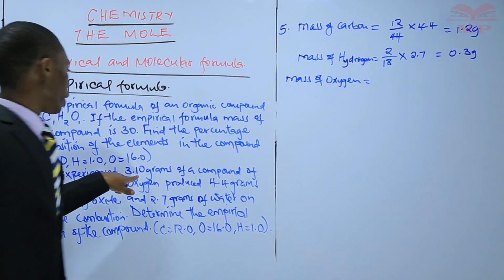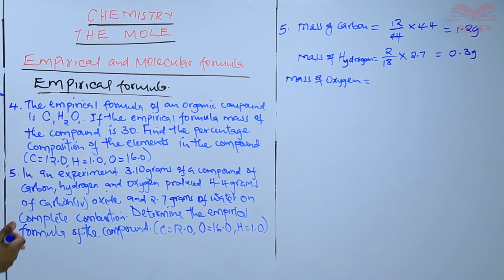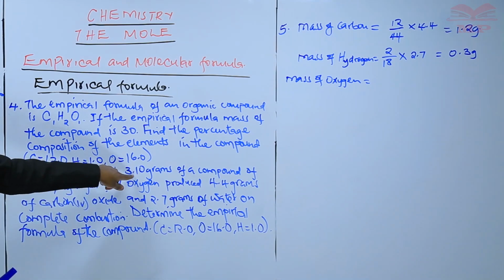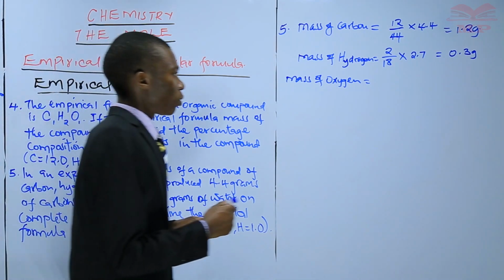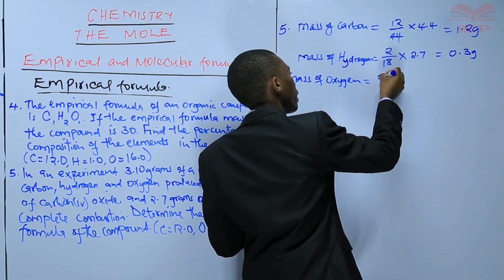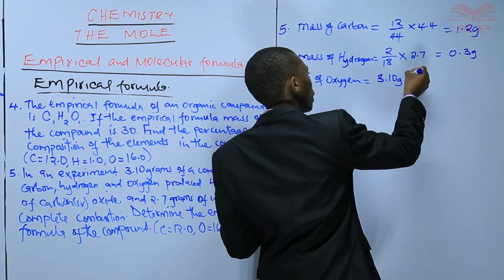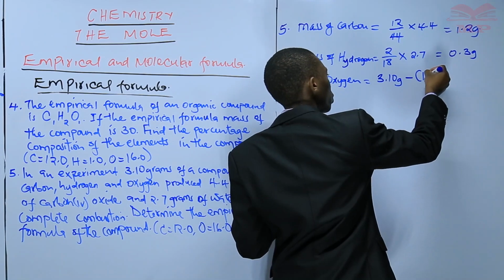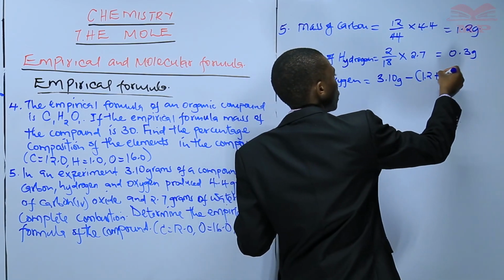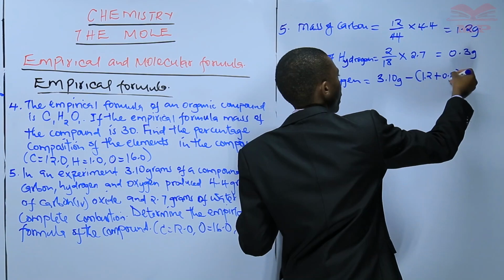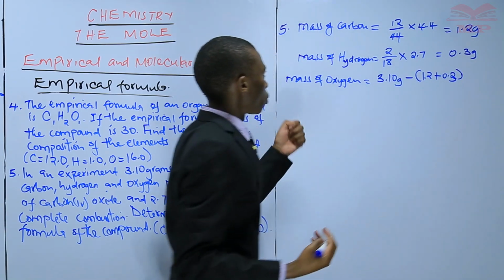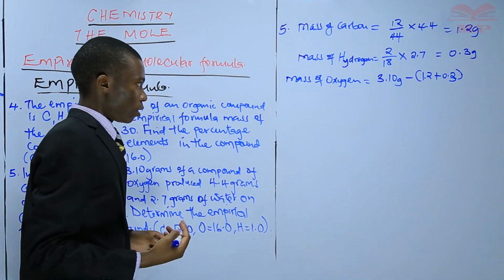you're told that in an experiment, 3.10 grams of a compound of carbon, hydrogen, and oxygen. We already have the mass of carbon and the mass of hydrogen, so what we don't have is the mass of oxygen. The mass is 3.10 grams. You subtract 1.2 plus 0.3, the mass of carbon and the mass of hydrogen.